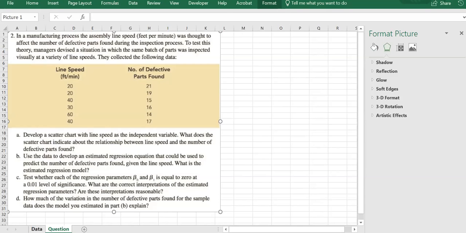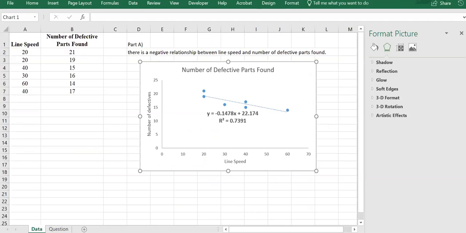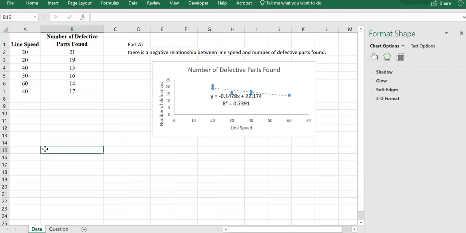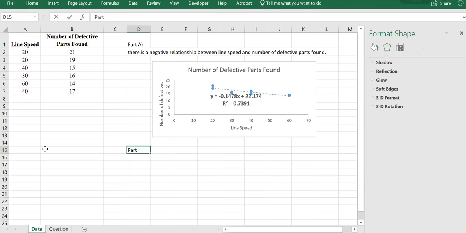We already have the regression model, but since in the next part, part C, we need the corresponding p-values for each coefficient, this is not going to give us that. So I'm just going to have to run the regression tool. So I'm just going to call it part B.